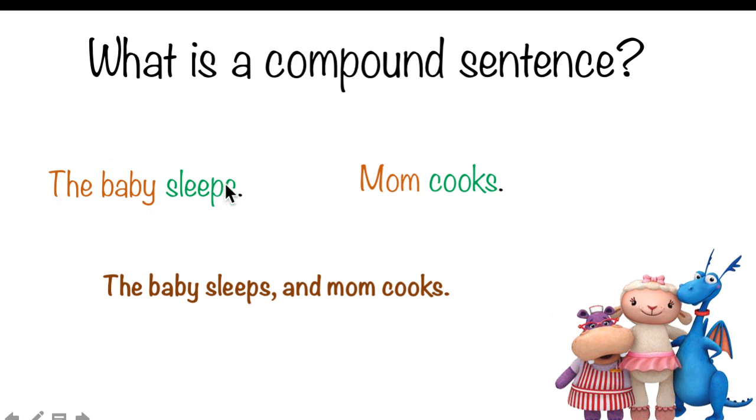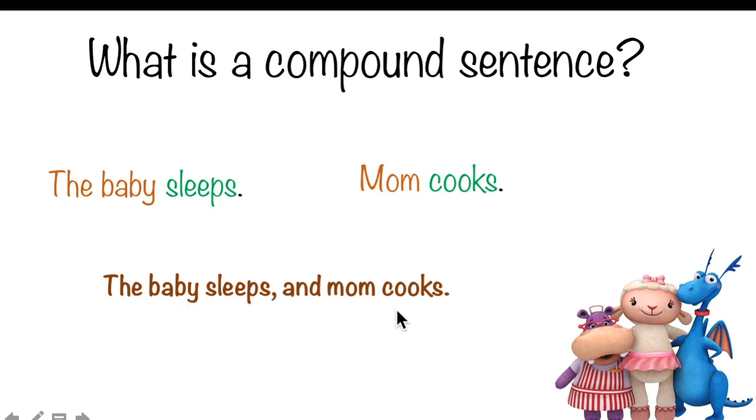And here we have simple sentence number 1, simple sentence number 2. The baby sleeps. It's a simple sentence. How do I know? Because it has one subject and one predicate. Mom cooks. It's a simple sentence because it has one subject and one predicate, right? So, we will take these two simple sentences and put them together.